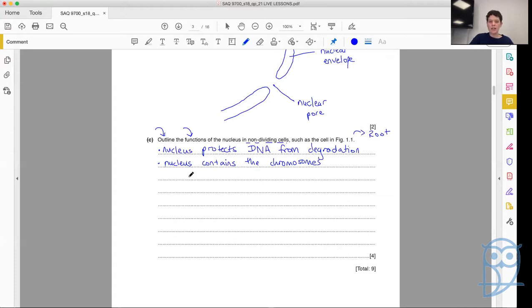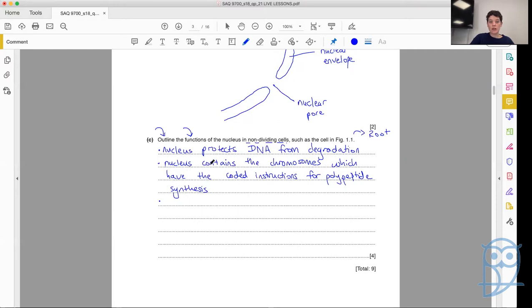And what is the function here? Well, the chromosomes have the coded instructions for polypeptide synthesis. Okay. However, we need to go a little bit further.